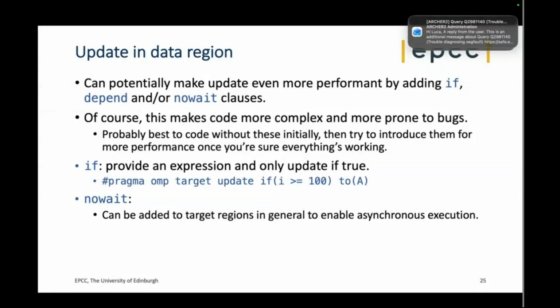But sometimes you would like to overlap some computation, say on the CPU, with data transfer. Or you may overlap some data transfer and computation on different data. So you can do that using nowait. So this is asynchronous. The mapping will happen, but you're not guaranteed that it's finished. We'll talk about this in more detail later.